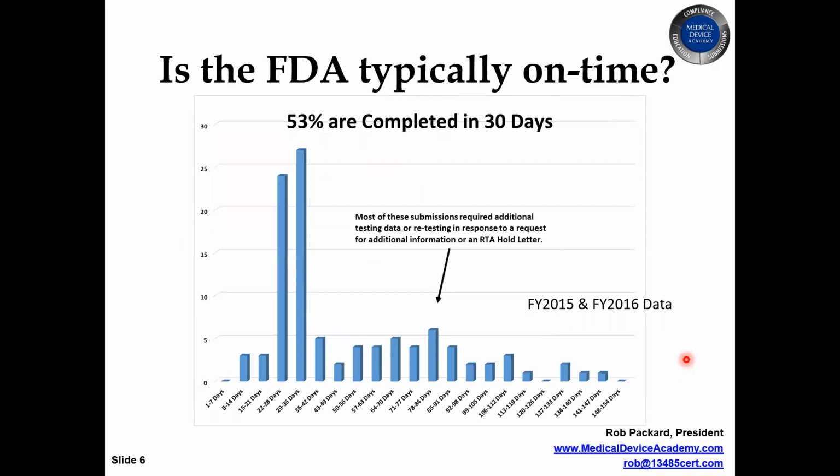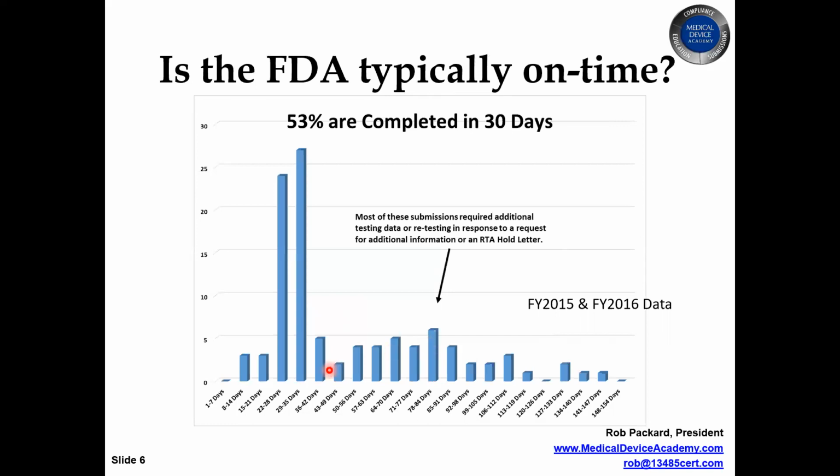But as you can see, based on this graph of fiscal year 2015 and 2016 data, most of the submissions are pretty tight around the 30 days, but then we have sort of another broad curve of data here where we have some people going out to 90 days. So this is another 60 days that it took them to respond and make the decision.